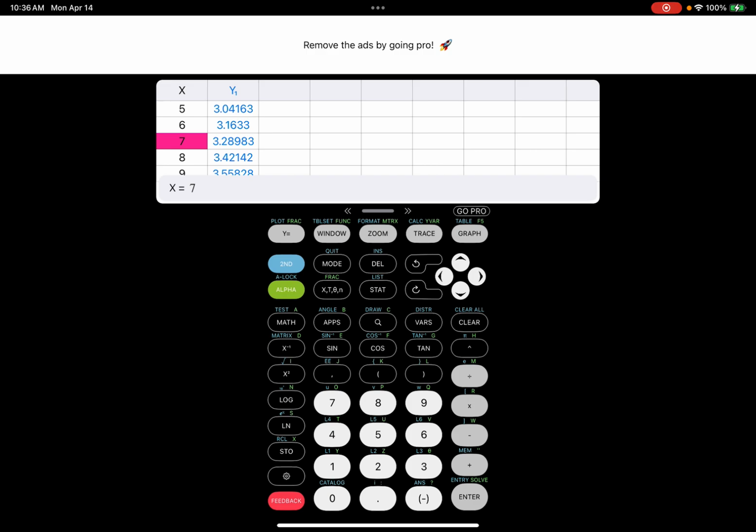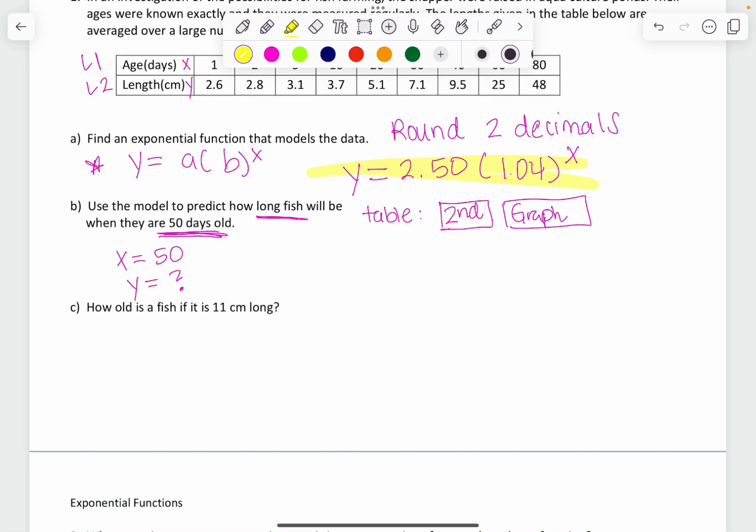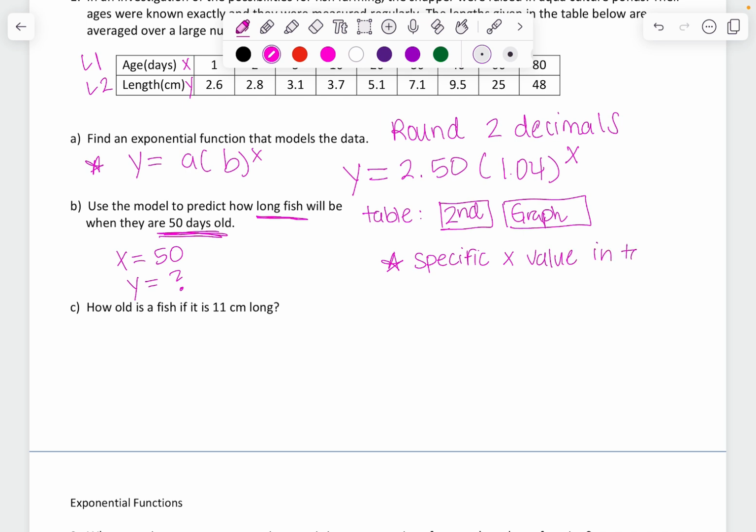Or you can do this next trick that I'm going to write down in my paper. So this is a trick that you can use right here. It'll take you to a specific x value in your table.